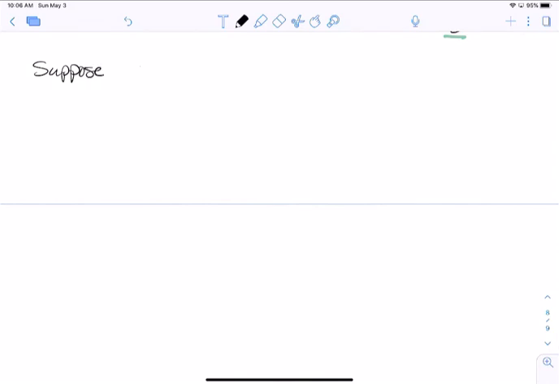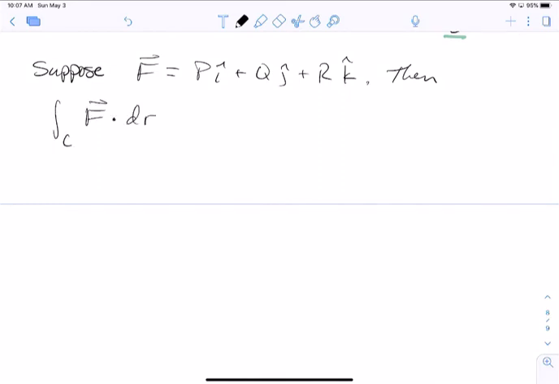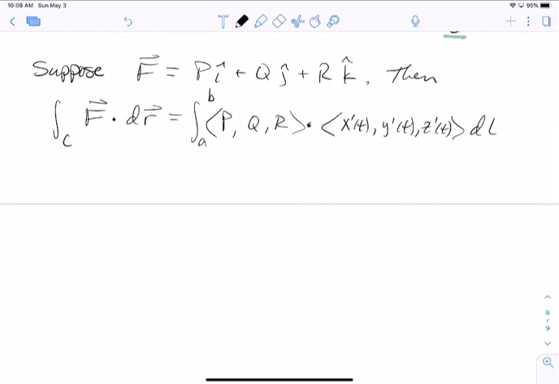Suppose that f hat is given by P i plus Q j plus R k. So we're saying the components of f are just labeled P, Q, and R. Then the line integral over C of f dot dr is equal to the integral from a to b of the dot product of P, Q, R with dr, which is going to be x prime of t, y prime of t, z prime of t times dt.